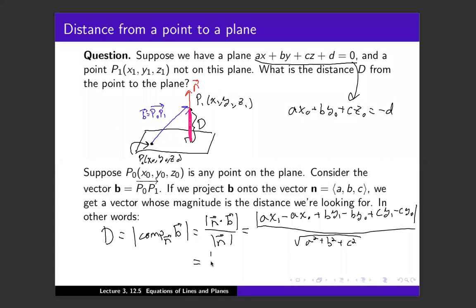So this whole thing comes out to the magnitude of ax1 plus by1 plus cz1 plus d over the square root of a squared plus b squared plus c squared.